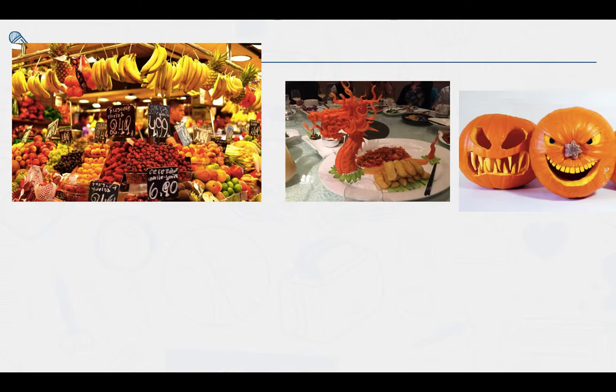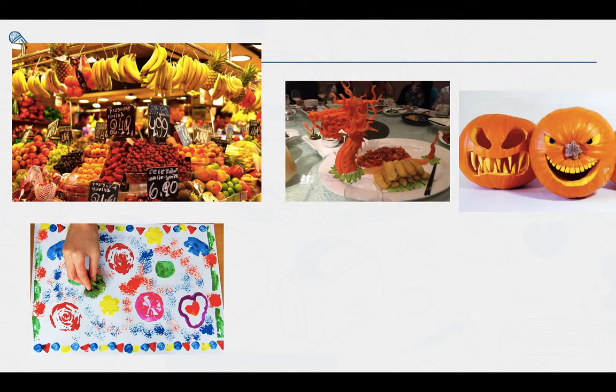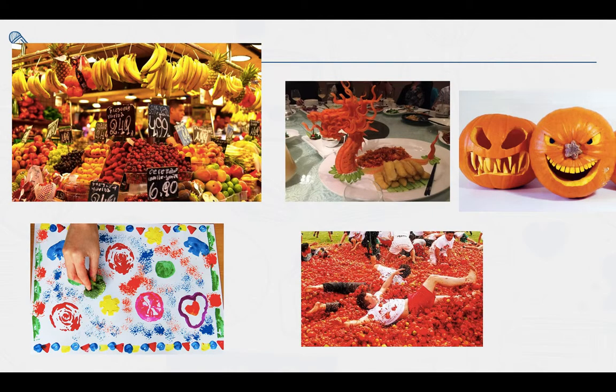On the right side you see the pumpkin lantern that we use for Halloween. We can use our food as a tool for painting, right? Or we can use it as a weapon when we are doing tomato fights. Wow, humans are totally different from animals.